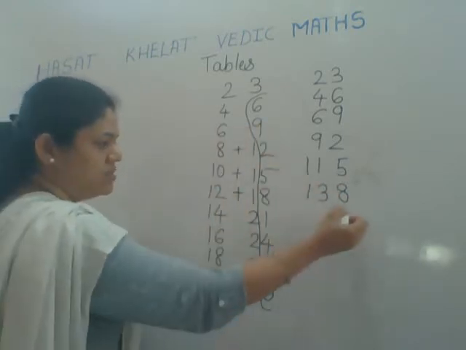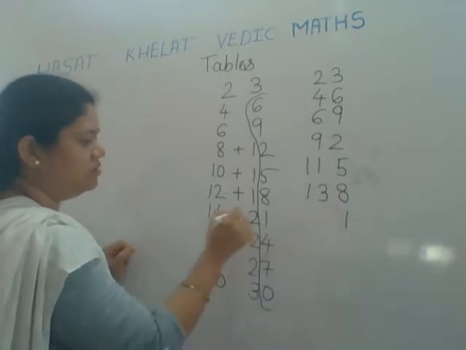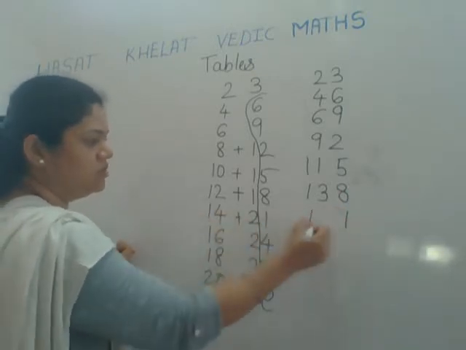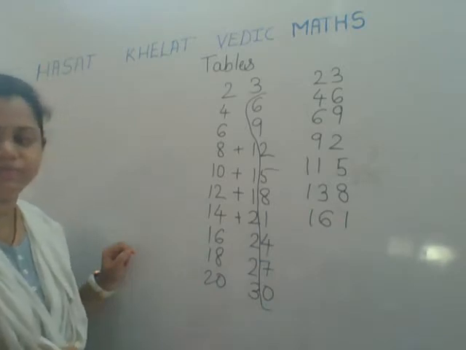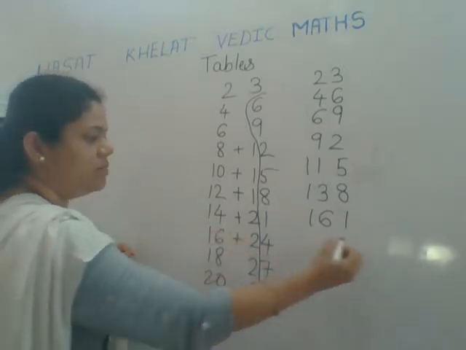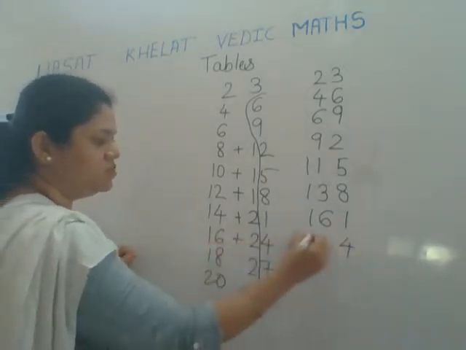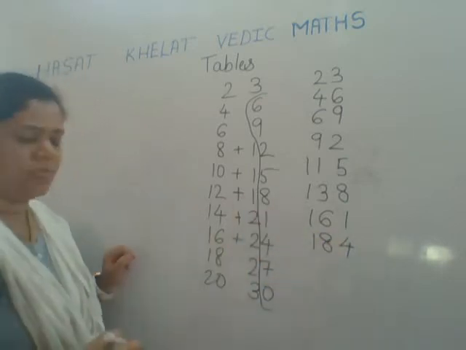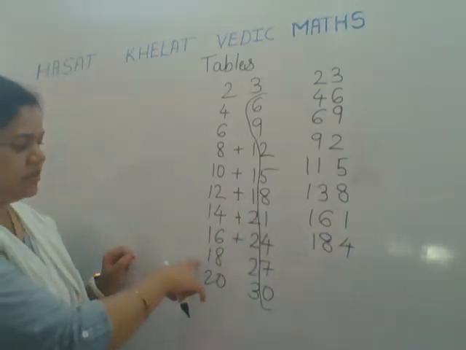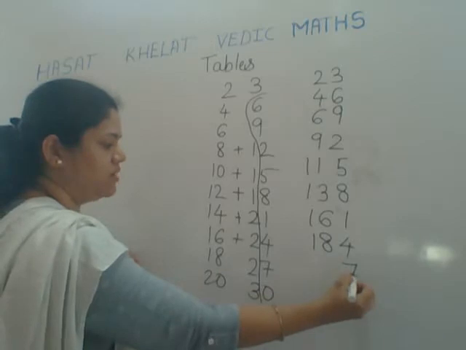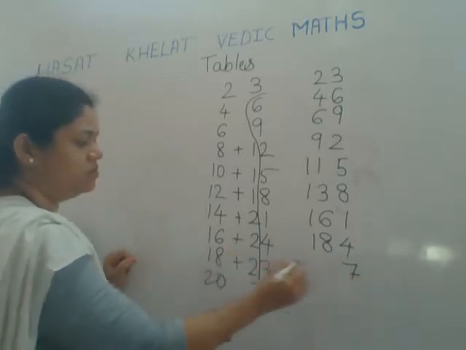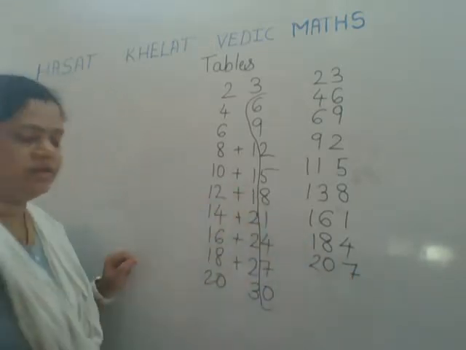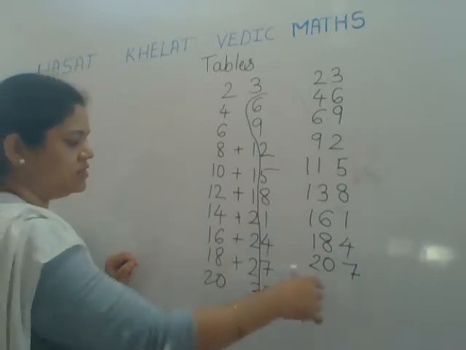Again 23 sevens are, this 1 I am writing over, and then 14 plus 2, 16. Then 4 I am writing out here, 16 plus 2, 18. Then 23 nines are 7 out here, and 18 plus 2, 20. And lastly what?